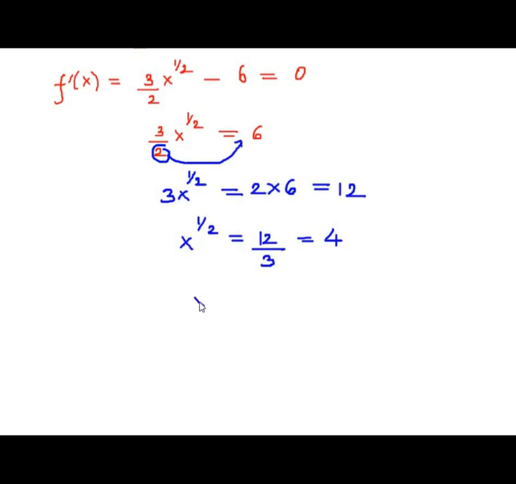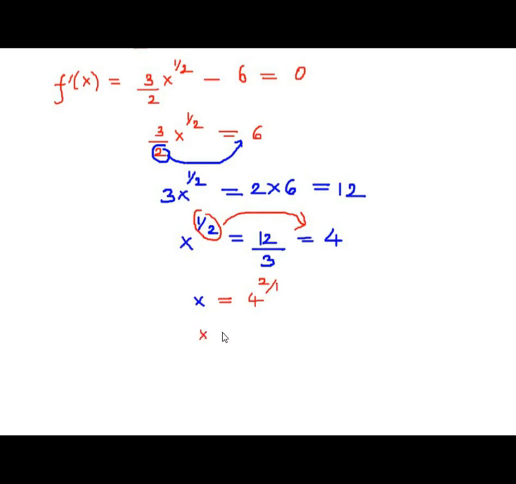Now to solve this x to the power of half, remember the laws of indices. If we want to send the power on the other side of the equal to sign, then it reciprocates, means 1 over 2 becomes 2 over 1 when it jumps on the other side.